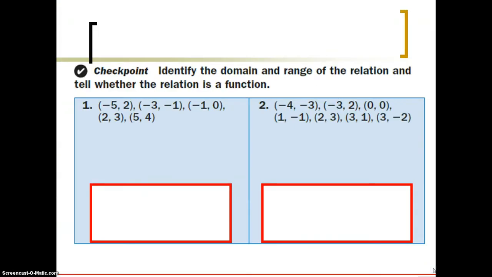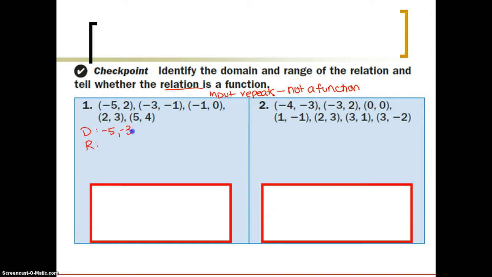For your checkpoint, identify the domain and the range of the relation and tell whether the relation is a function. You can do this by just looking at the inputs. If the input repeats, then it's not a function. Pause the video, try 1 and 2. First of all, let's list the domains and then the ranges.